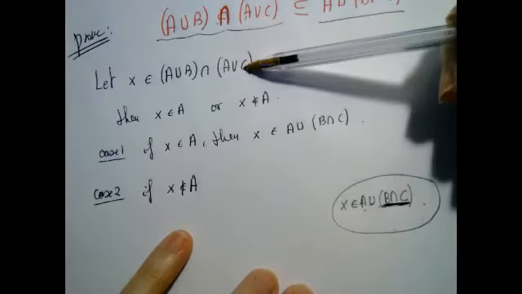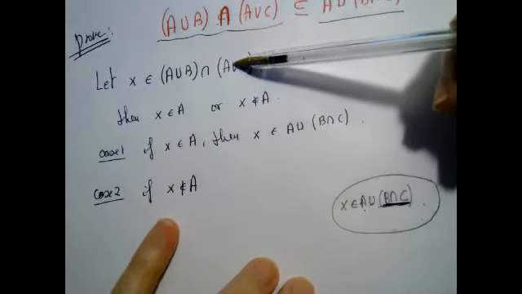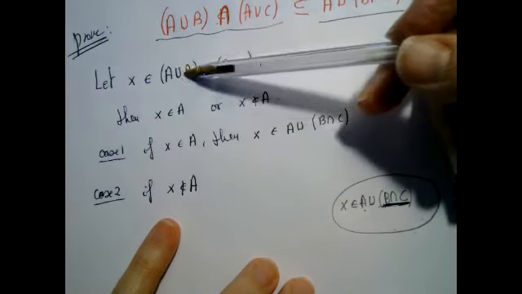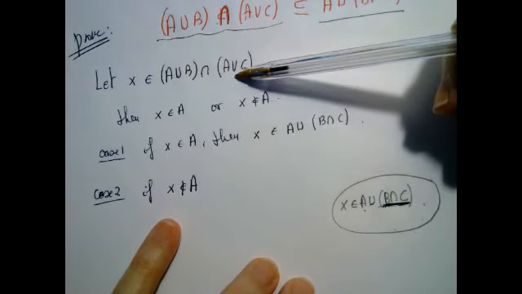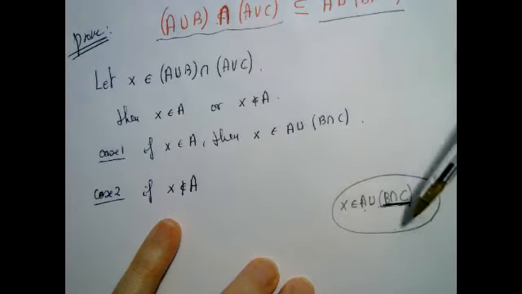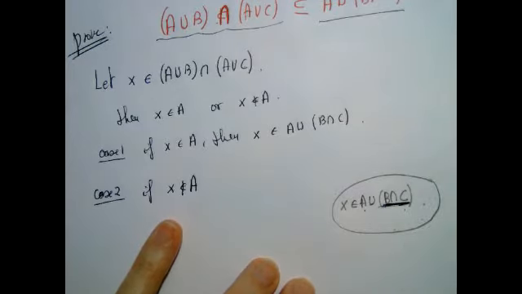So go back to here. That's where your X is. If it's not in A, logically convince me it has to be in B intersect C. I'll still give you a minute to interact with it.